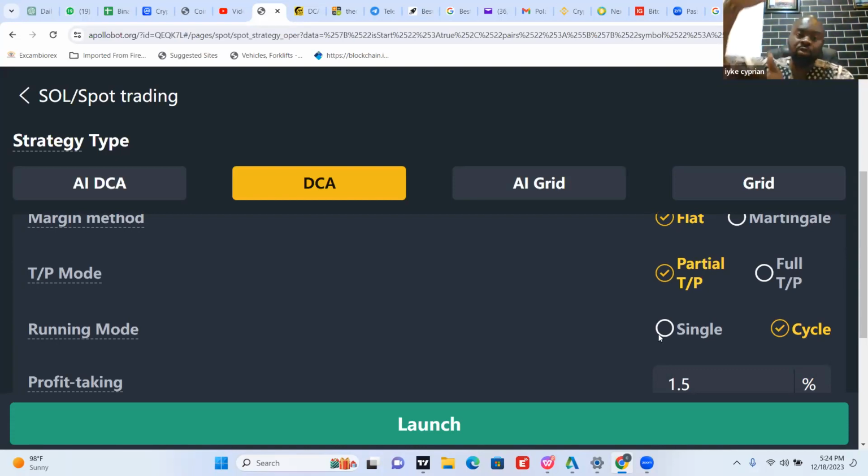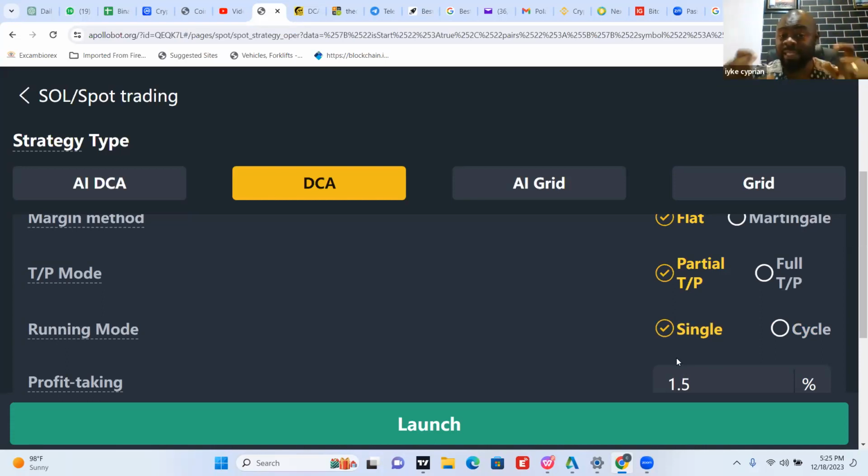These are coins that do just between 10, 15% in a full month. They are not very erratic. So they just do up, down, and you put on cycle. Then single is for specific coins you just want to buy and sell, probably in less than 2 hours or less than 1 month. So you put it on single if you want that.